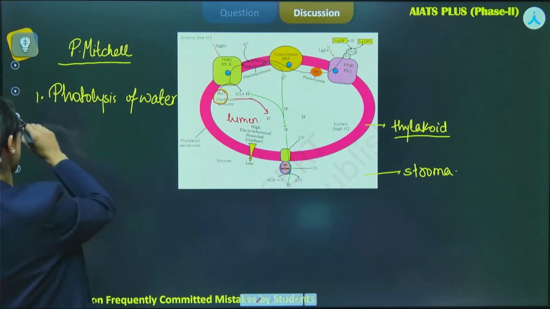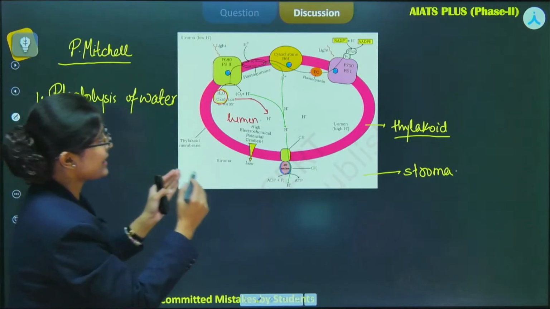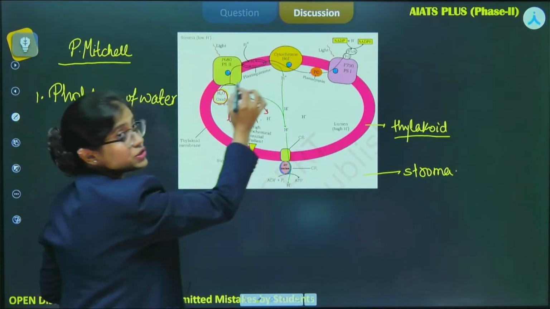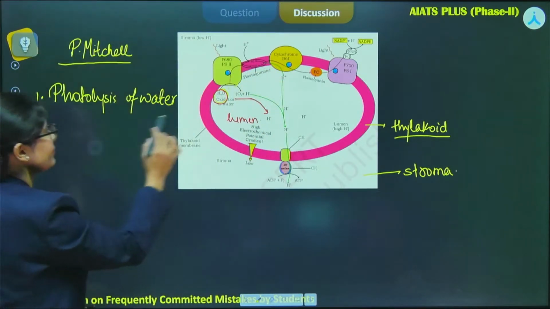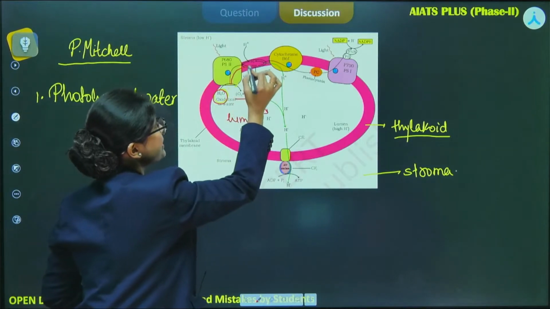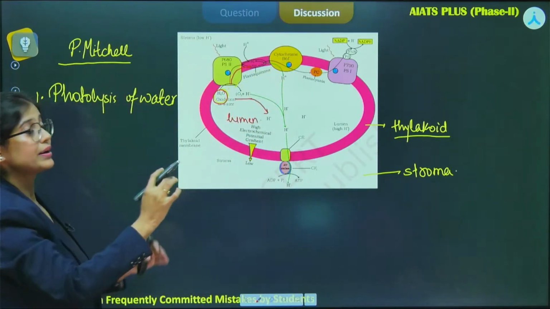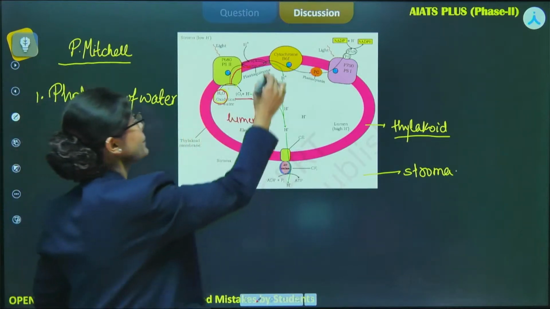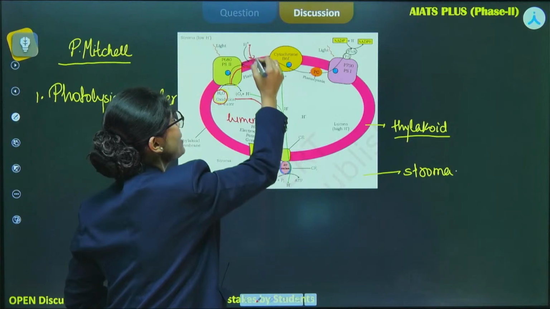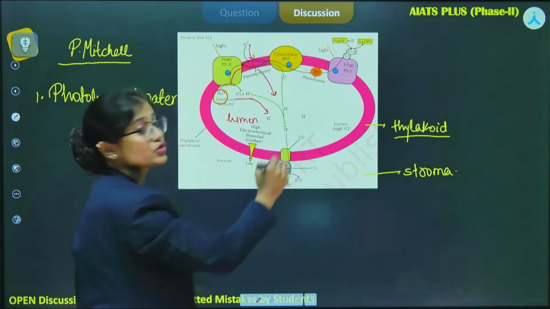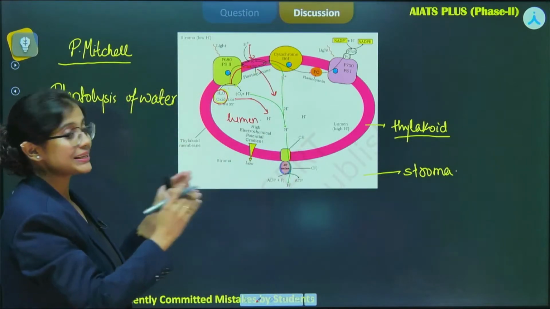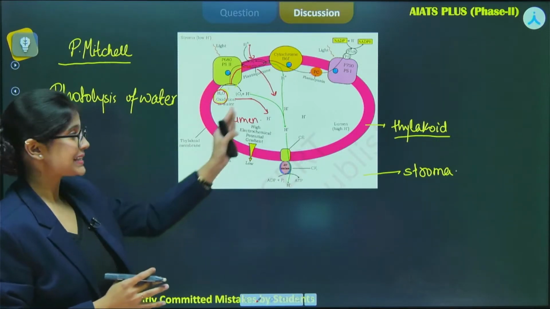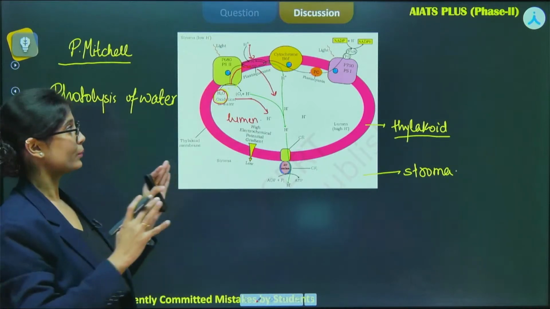So this is one of the ways. Now next, this electron is getting passed through the plastoquinone. Meanwhile, this plastoquinone is transferring protons from the stroma region to the luminal region. This is also increasing the concentration of H plus or protons on the luminal side, right?